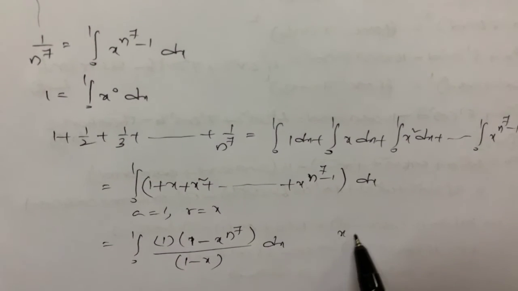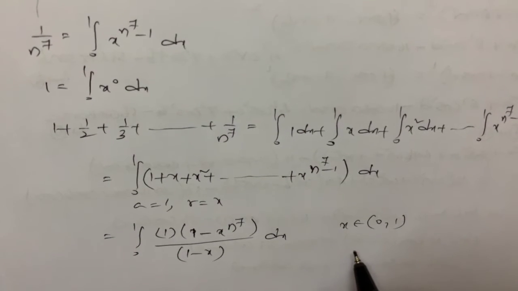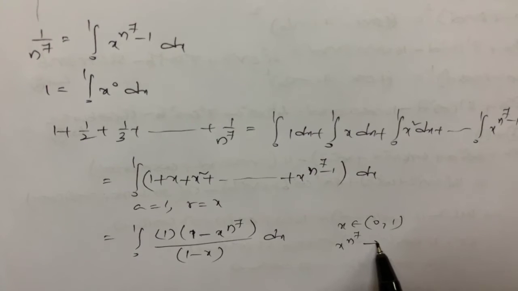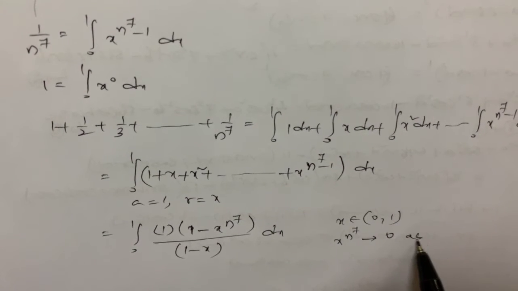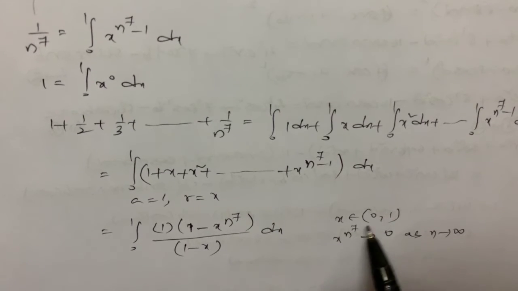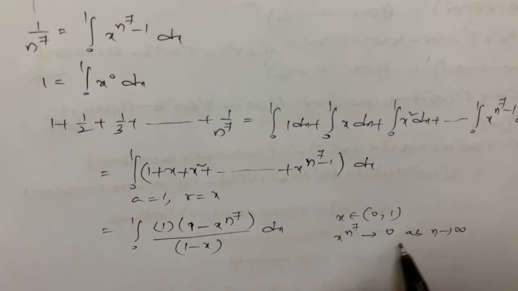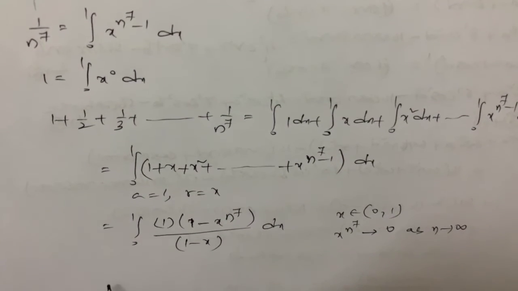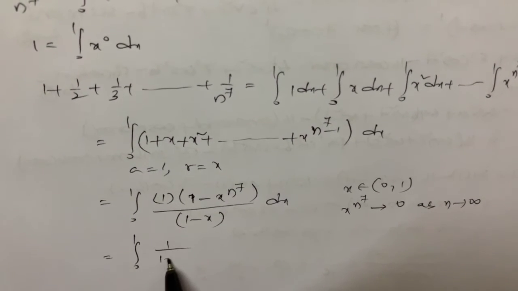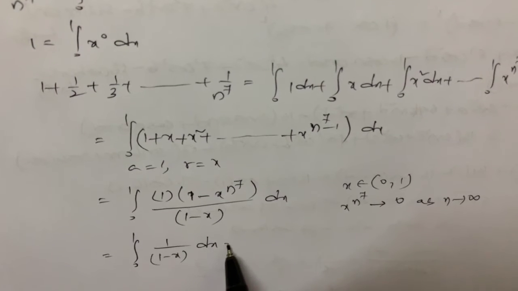As x belongs to 0 to 1, x power n^7 will tend to 0 as n tends to infinity, because x is a value between 0 and 1. So this is integral 0 to 1 of 1 by 1 minus x dx.